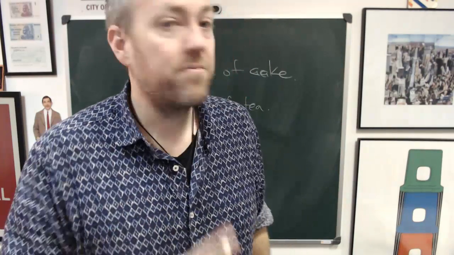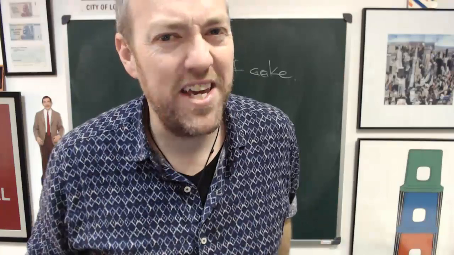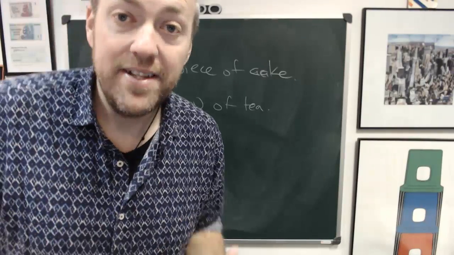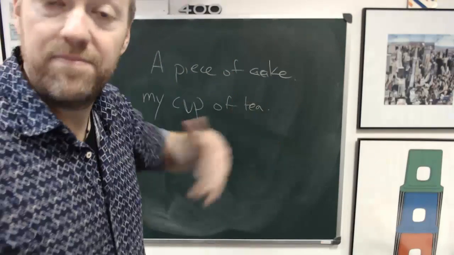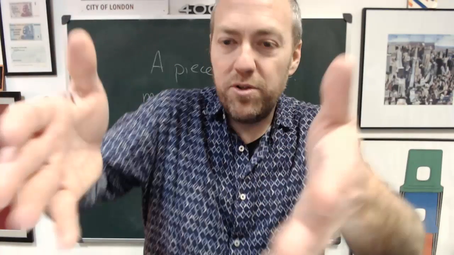For example, tennis. Tennis is not my cup of tea. I don't like it. Or, I don't know, studying grammar is not my cup of tea. It's very boring. So these are two very, very common idioms that you can use in English. And they're very easy. A piece of cake and a cup of tea. So you can practice. You can put some examples in the comments.